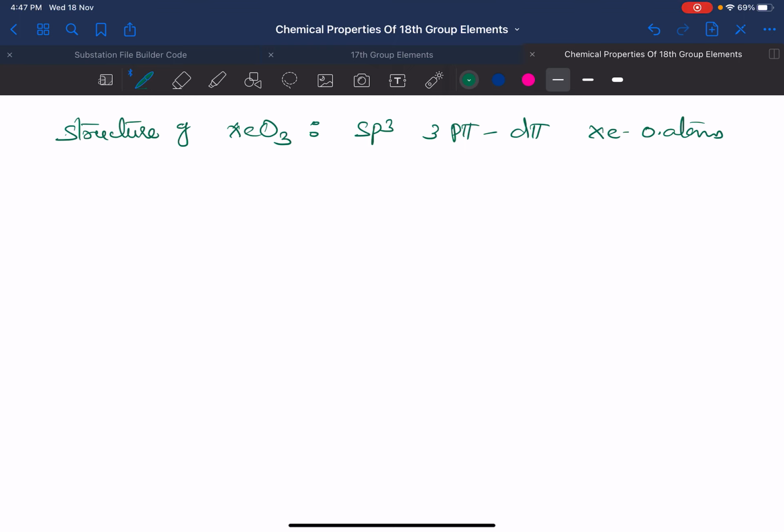So according to this sp3 hybridization, xenon has 4 pairs, so it should be in a tetrahedral structure. Due to the presence of one lone pair and 3 bond pairs, there is a repulsion between the lone pair and bond pairs. Its structure is converted to pyramidal.